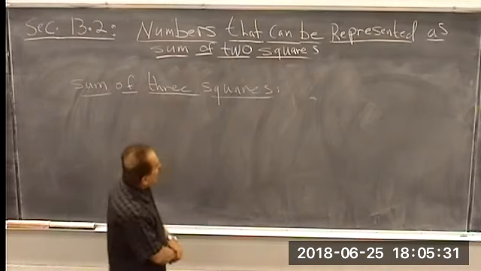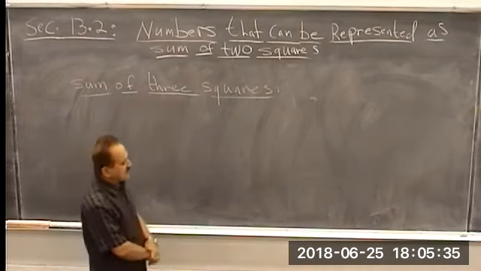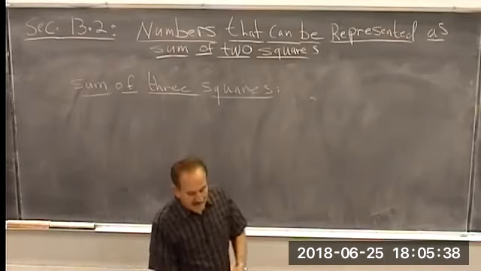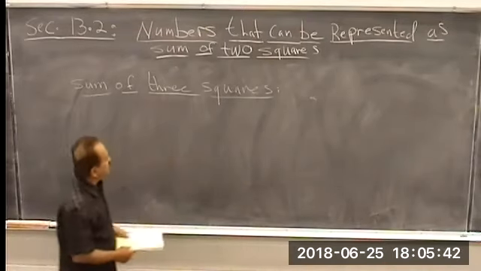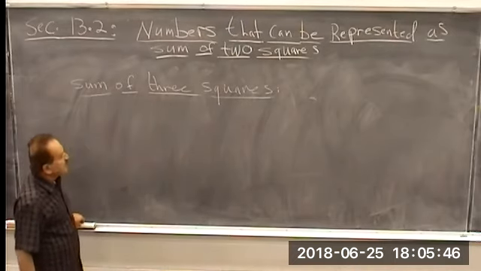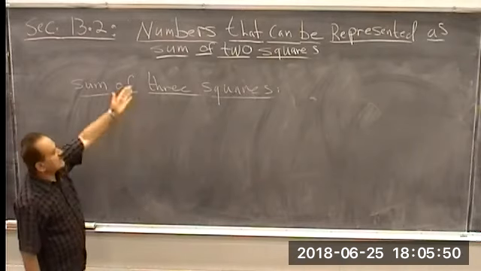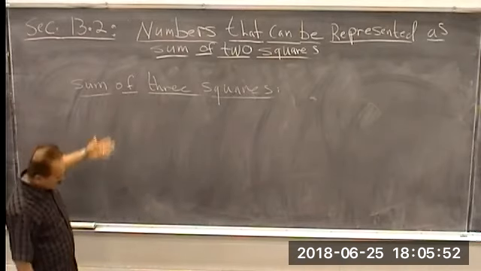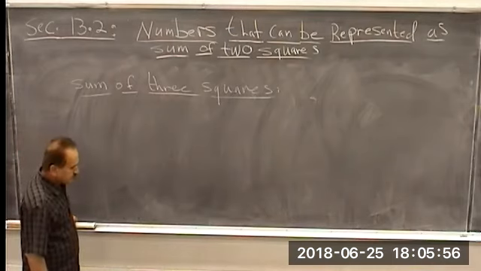Now, by allowing another square, it is possible that more numbers can be written as the sum of 3 squares than the numbers that can be represented as the sum of 2 squares, right? Because if we can do 2 squares, we can always do 3 squares or 4 squares, but the other way around doesn't work.